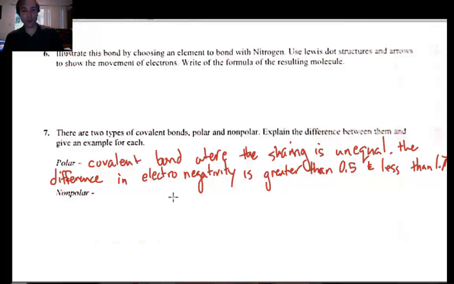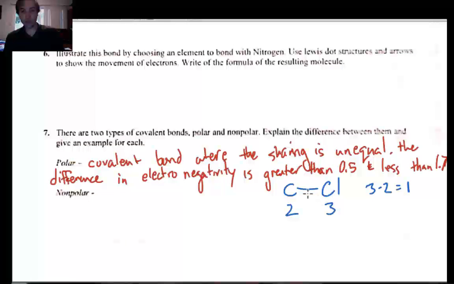Okay, so an example would be something like we could do carbon to chlorine. Carbon has an electronegativity of 2. And if we bond it to a chlorine, which has an electronegativity of 3, right, we take the difference. So 3 minus 2 gives us a difference in electronegativity of 1.